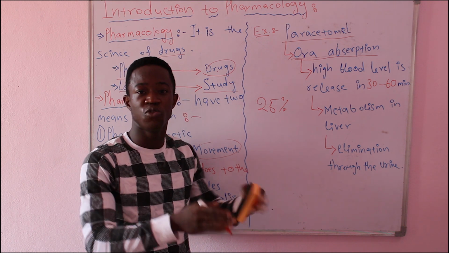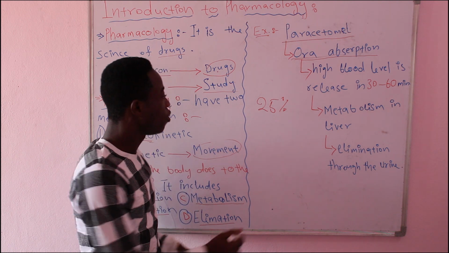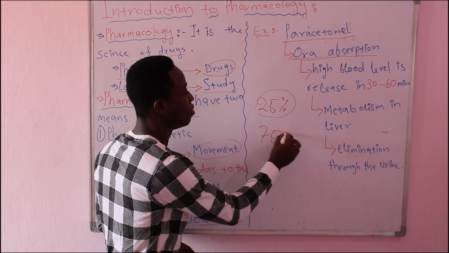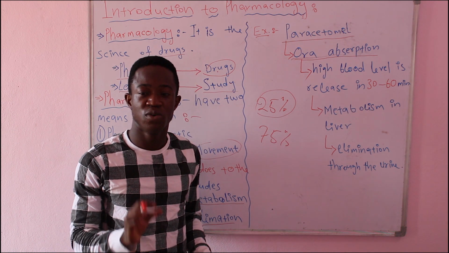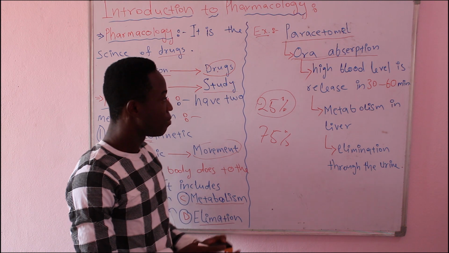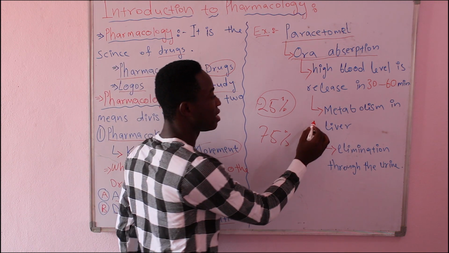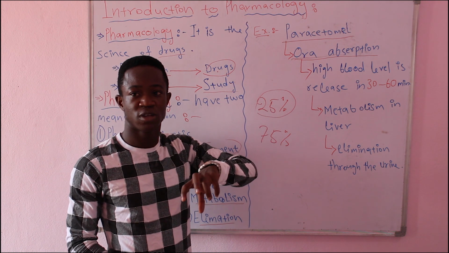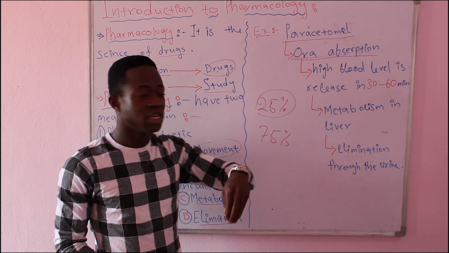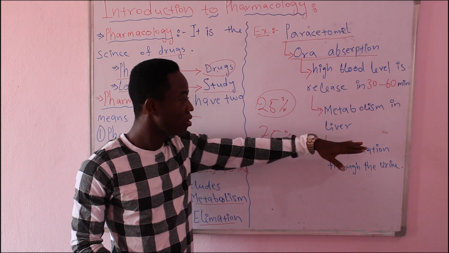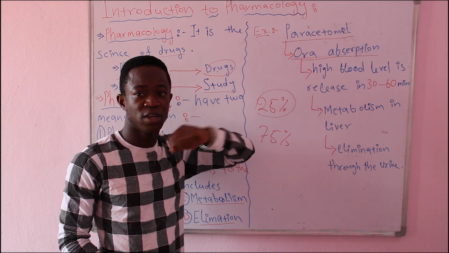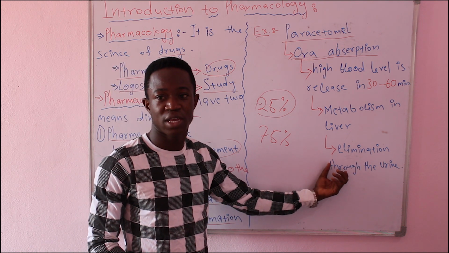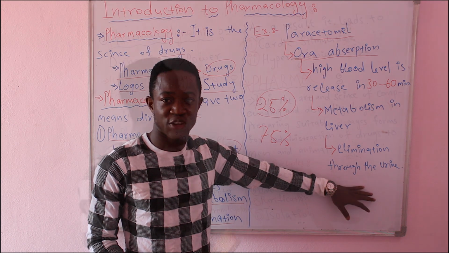So 25% will bind with proteins, and about 75% will reach the systemic circulation, which is the bloodstream, in 30 to 60 minutes. The metabolism aspect is for those drugs that do not bind to proteins. They reach the liver and go through metabolism. After metabolism, they come through the urinary bladder and are excreted as urine.